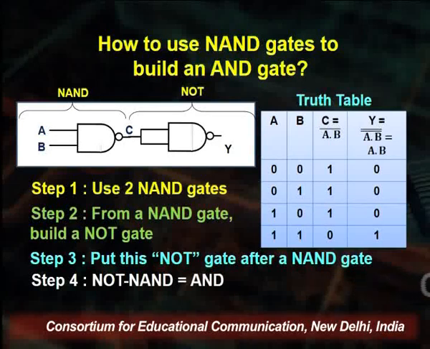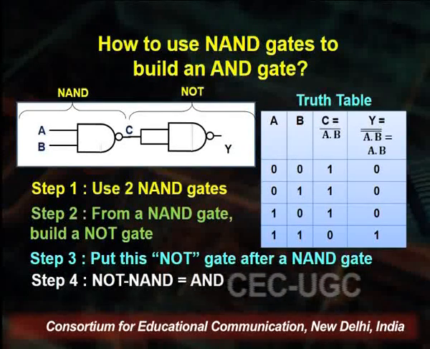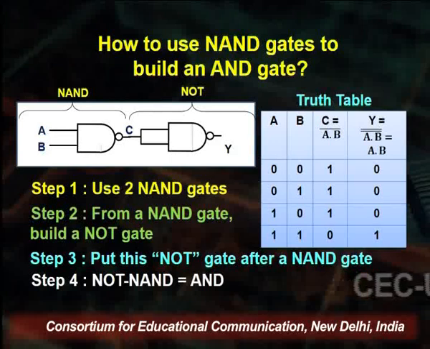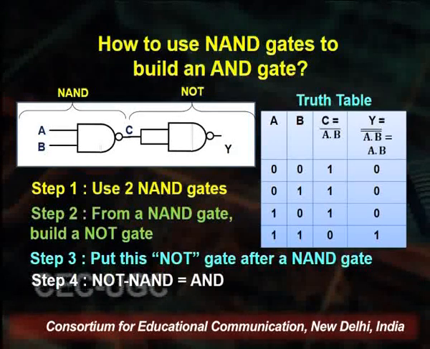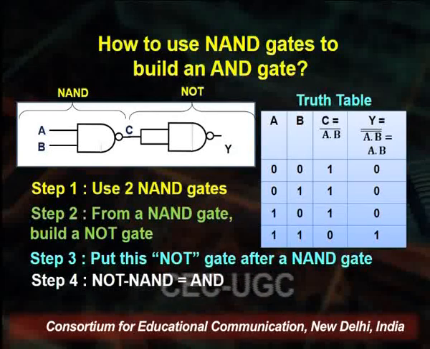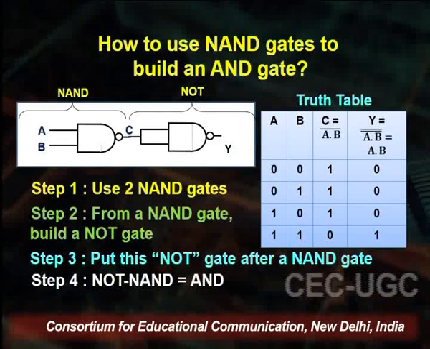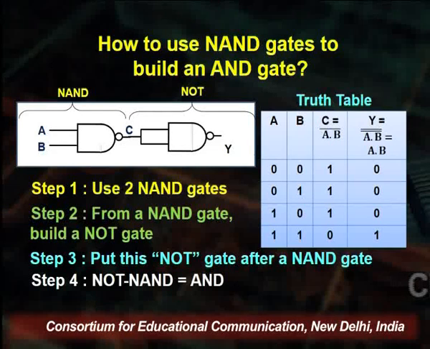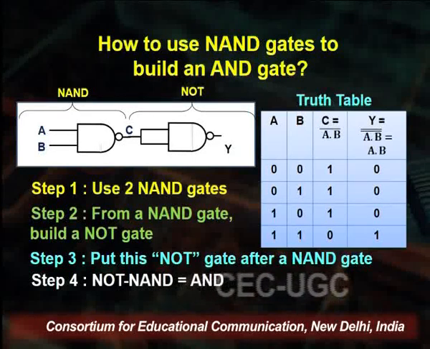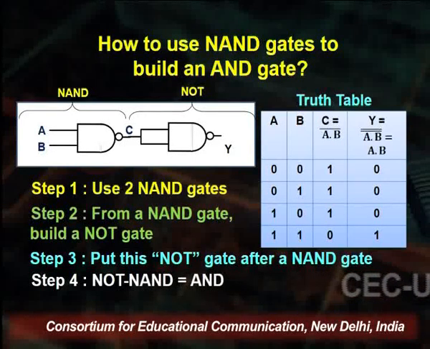The 1 0 combination also gives us C equal to 1, and therefore, again complementing it, we get the output as 0. For the final input combination A equal to 1 and B equal to 1, we get the first NAND gate output C as equal to 0, and then complementing it with the next NAND gate with shorted inputs, we get the output as 1.